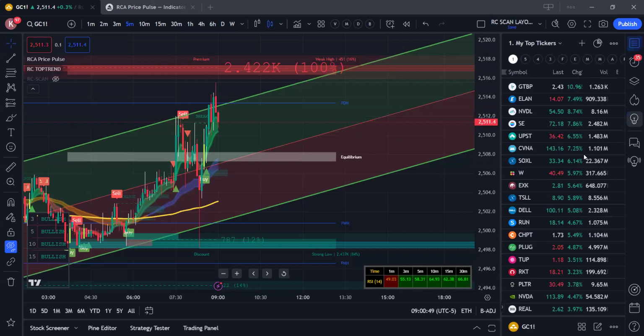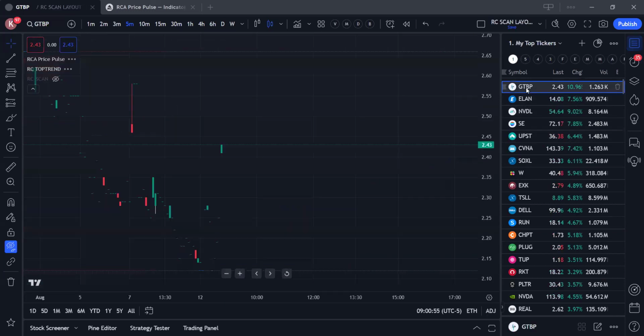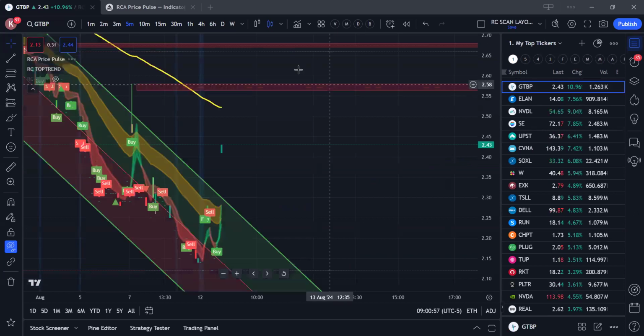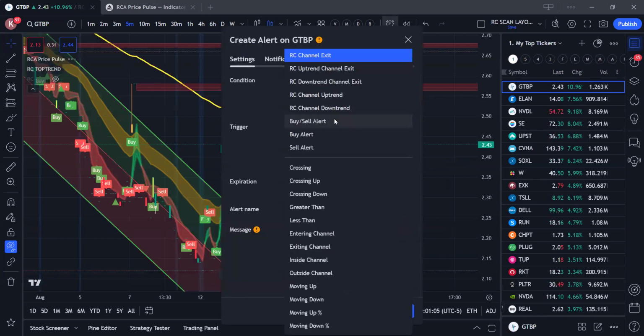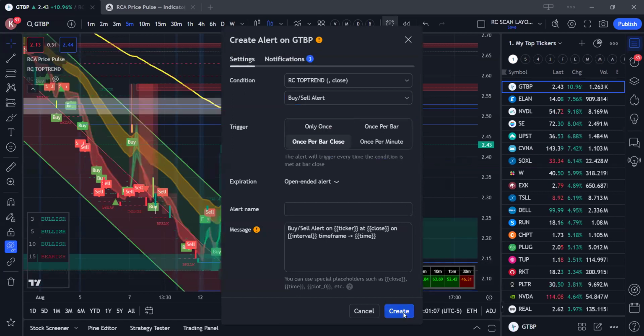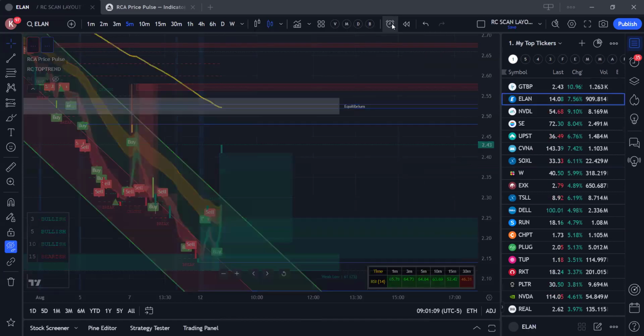And also, you can look at what stocks are moving well today. For example, all the stocks are moving well today. So you can go and set some notifications on whichever stocks are moving well for the day.